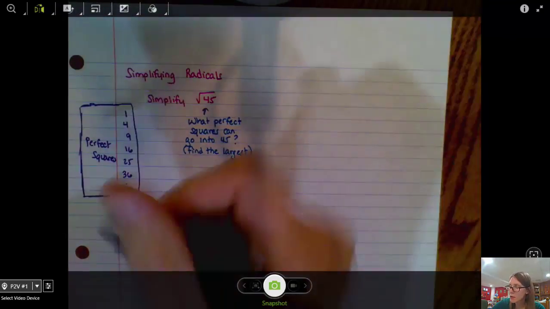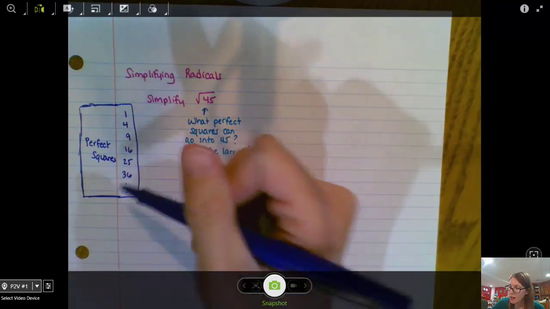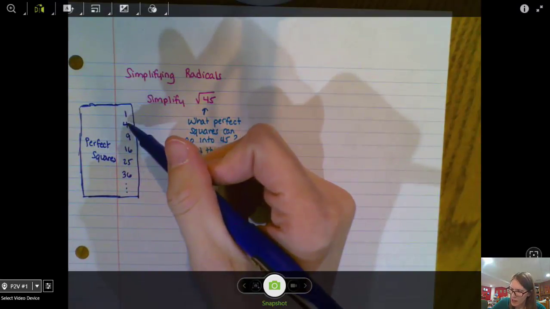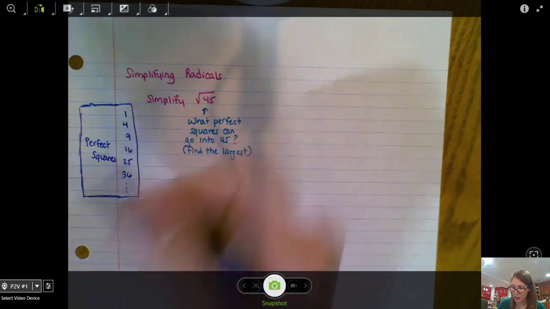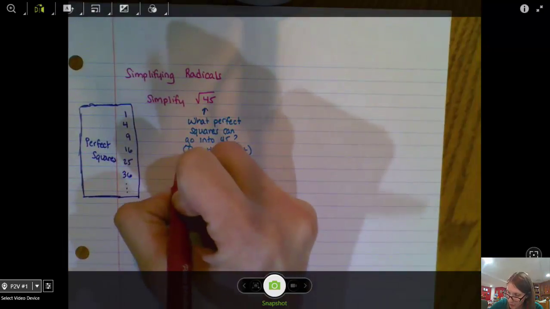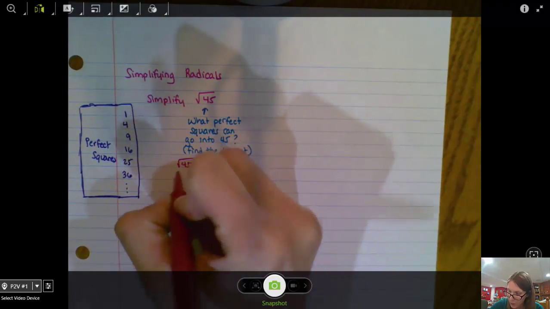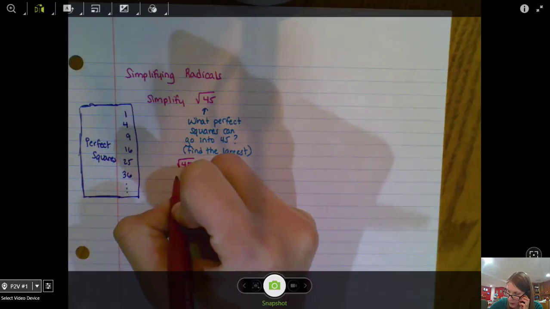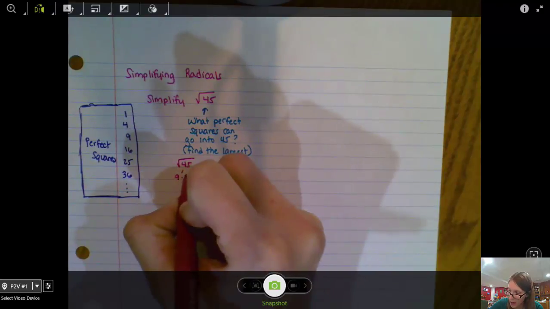Okay, so looking at my list here, 4 doesn't go into 45, 9 does though. So we take that square root of 45, and we think about, well, 45 is 9 times 5.